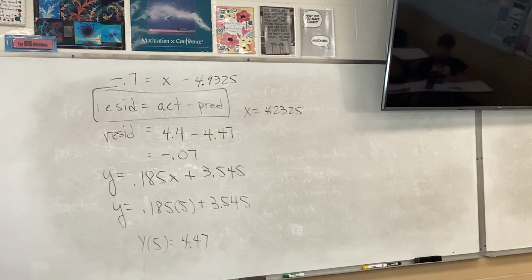Let's pick plot 1. And I need you to turn it on. So highlight on, press enter. And then I need you to go down, you should see an X list and it says L1, right? And what was L1 again? The X's.